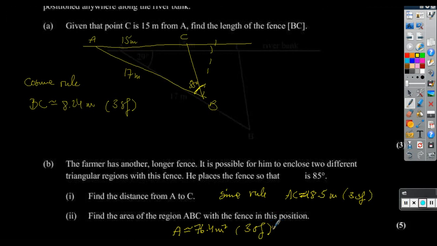Now in the next question, you're looking for the fence being actually in this position. If the angle here is 66 degrees, then this angle is going to be calculated as 180 degrees minus 66 degrees, because this triangle here is isosceles.